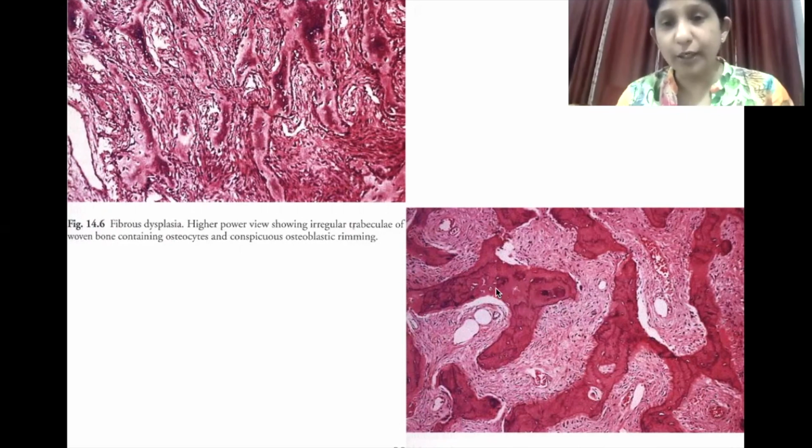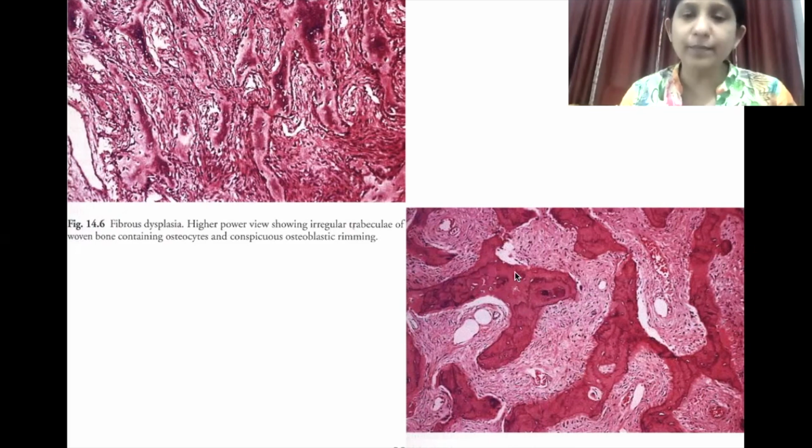Out here in this picture on your lower right hand corner, you can actually differentiate the bony spicules from the surrounding connective tissue. And there are plump fibroblasts in the surrounding connective tissue. And there are osteoid seams in this, but you can't really figure out any osteoblastic rimming. So this is osteoid tissue that you can see.